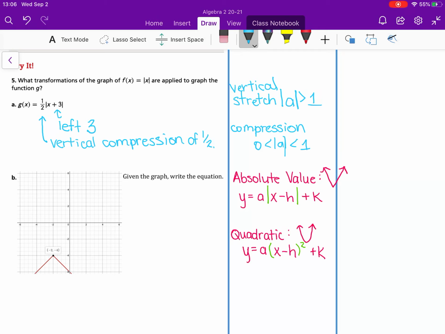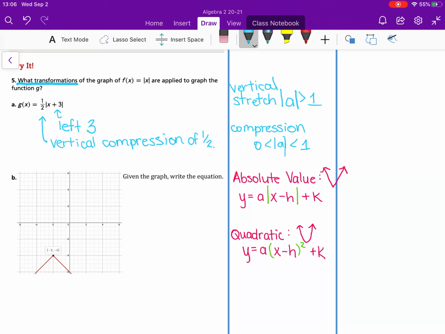What if you're given the graph and you have to write the equation? Okay, that's taking it up a step. But you can do it. First, you need to decide, is the picture absolute value or quadratic?